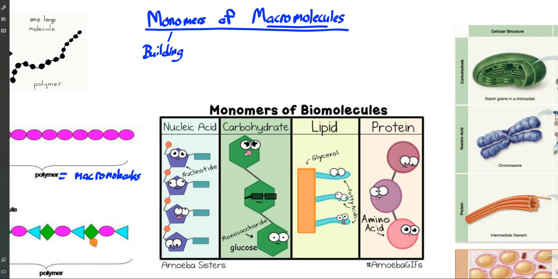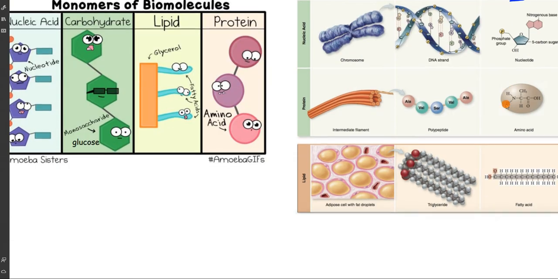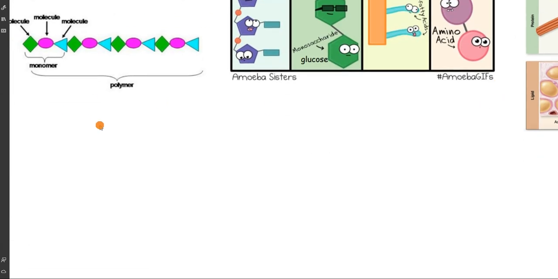For our different types of macromolecule, we've got carbohydrates, and carbohydrates, like starches, are made of big groups of monosaccharides. So I'm just going to make a little table down here.